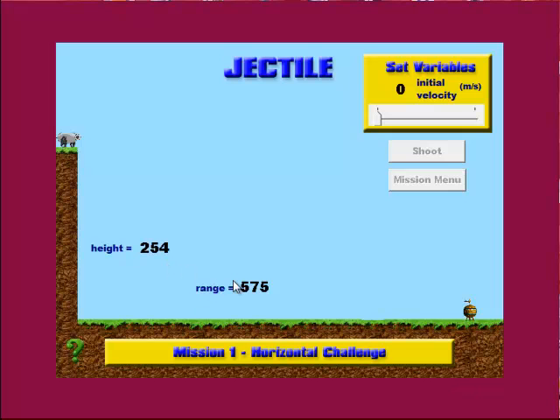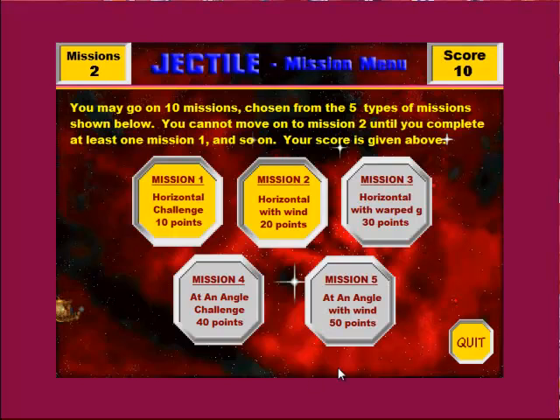Notice that in every simulation run, the numbers are changed, so they're not the same from mission to mission. Let's take another shot. Okay, that was much more successful.